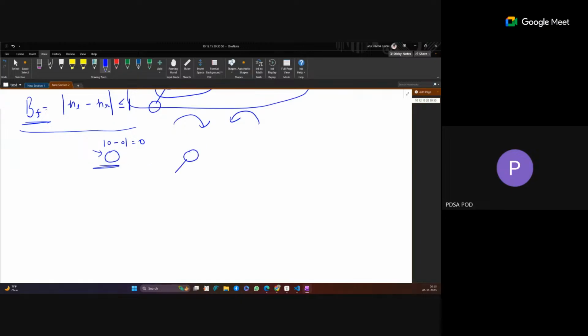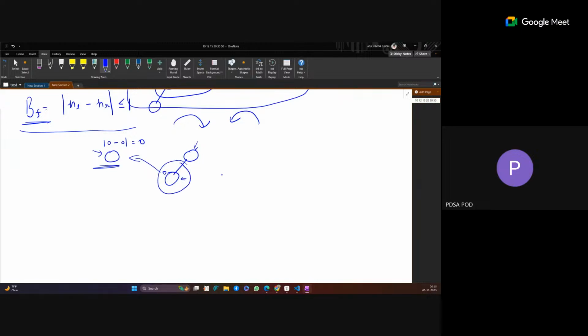Suppose we have another version, a tree with 2 nodes. Here we are calculating the balance factor for this lower one. There is no left or right subtree connected to it, so this is a similar condition to what we discussed previously. So 0 minus 0, the balance factor for this node is 0. Now calculate the balance factor for the node above. This has a left subtree but no right subtree.